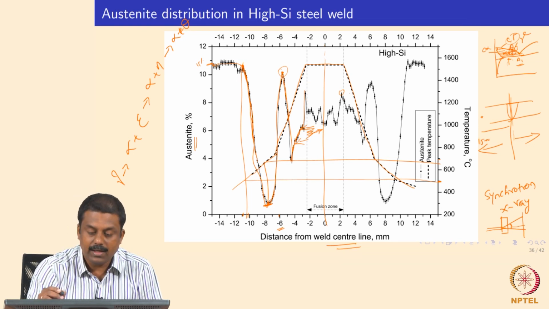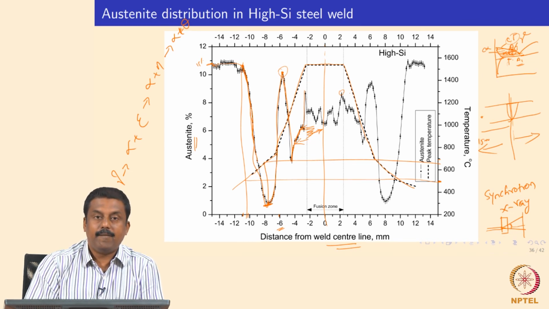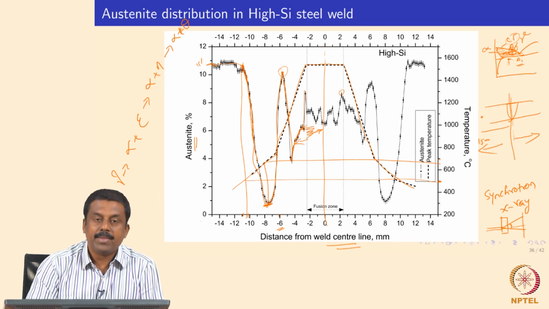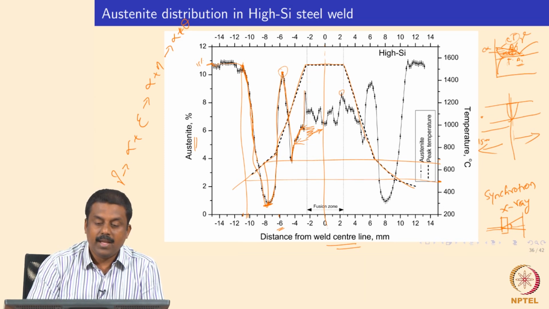If you look at this graph, the lesson to learn is that even though you have a uniform temperature gradient, based on the peak temperature reached, the microstructure changes significantly. In a conventional ferritic pearlitic steel, this effect is not significant, because there is no retained austenite in the microstructure.